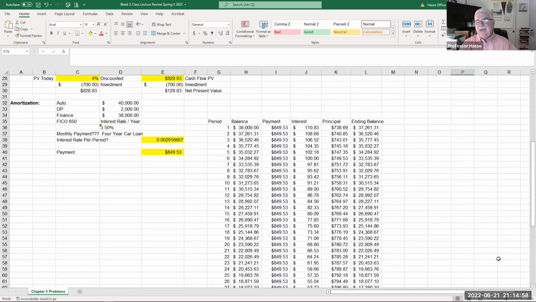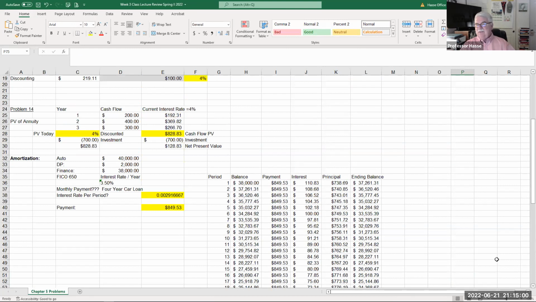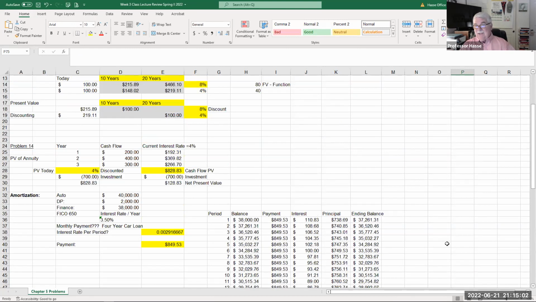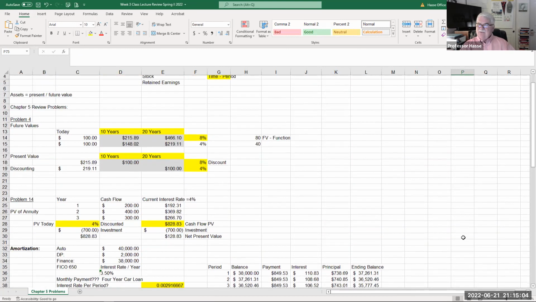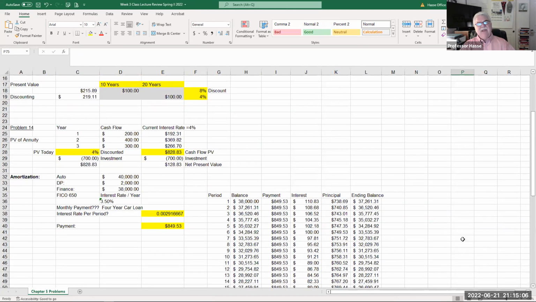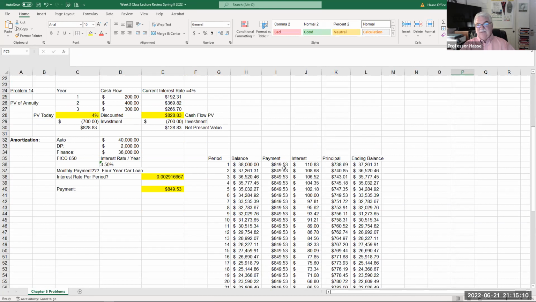So again, I'm not going to ask you to do these calculations, but I thought it's important for all finance students and business students to understand what they mean when somebody says, hey, you're getting an amortized loan. What does that mean? We're getting a series of the same payments every month on an outstanding loan where the interest and the principal are changing at the end of every payment.